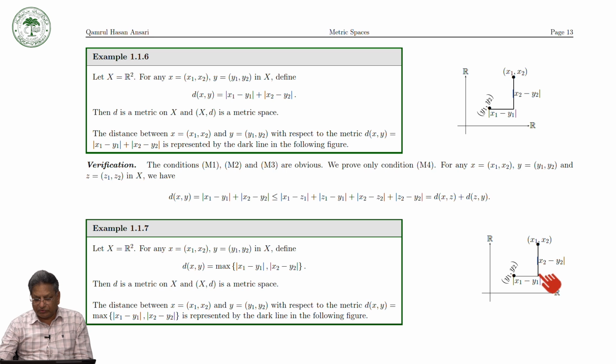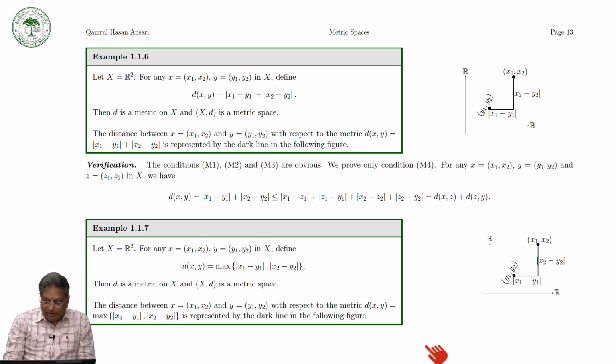So the maximum of these two is this one, which means we are neglecting this one. If we move from one point, go a little bit here and then go here, we are neglecting this distance and saying that the distance between x and y is this one. So the small portion we are neglecting.